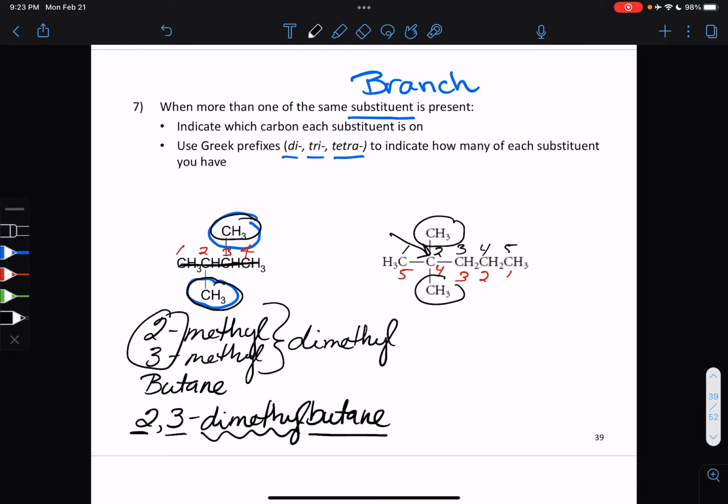Well, that's number 2. So we're going to go with that direction in numbering. So let me get rid of some of these numbers here. Also, you could do this.